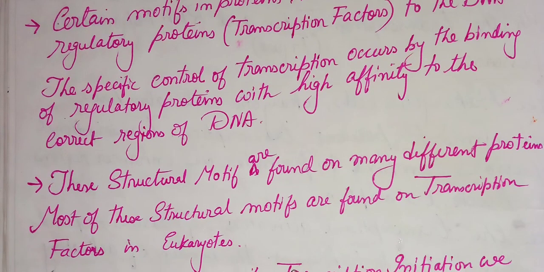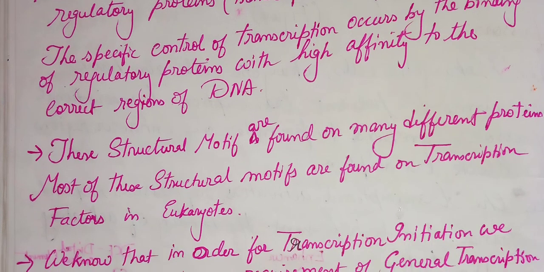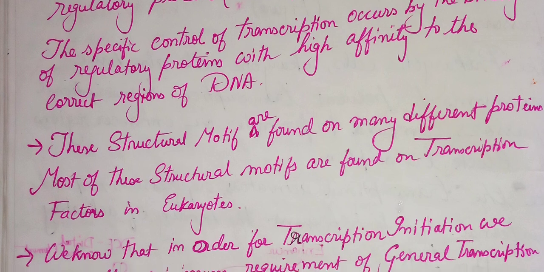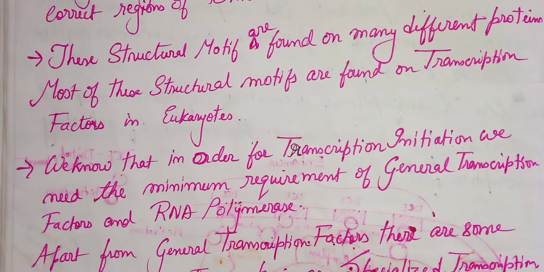These structural motifs are found on many different proteins, and most of the structural motifs are found on transcription factors in eukaryotes. Transcription factors have a DNA binding motif. We know that for transcription initiation, we need the minimum requirement of general transcription factors and RNA polymerase, right?